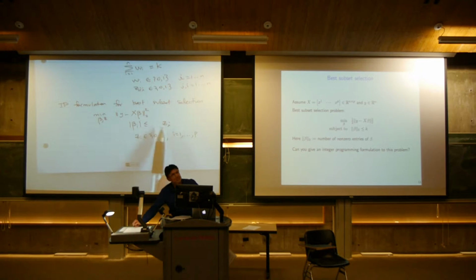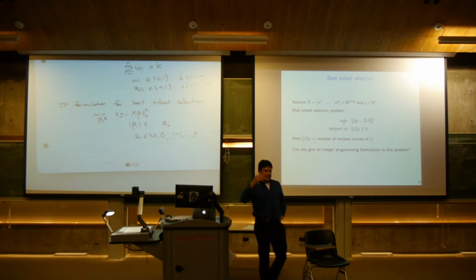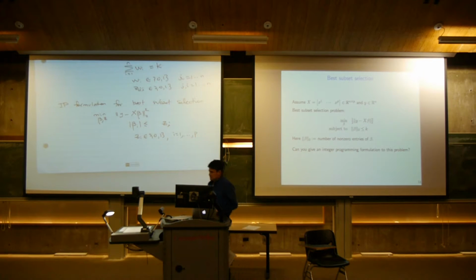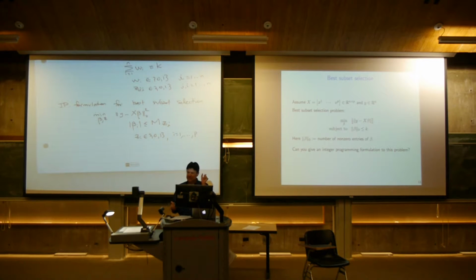If I just wrote this constraint, there is a little bit of a wrinkle, because the beta i, when it's allowed to be non-zero, could in principle take a big value. So the way to handle this is to put some kind of big M bound here, where M is an a priori bound on the entries of beta.